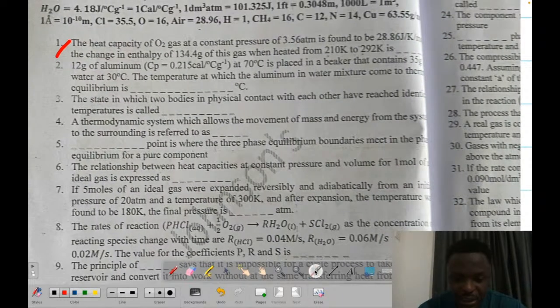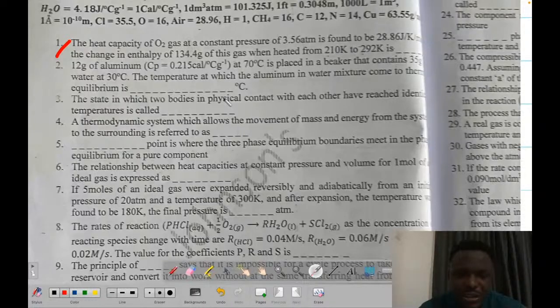The question says 12 grams of aluminum, with CP, the heat capacity, 0.215 calorie per degree Celsius per gram, at 70 degrees Celsius, is placed in a beaker that contains 35 grams of water at 30 degrees Celsius. The temperature at which the aluminum in water mixture comes to thermal equilibrium is dash.